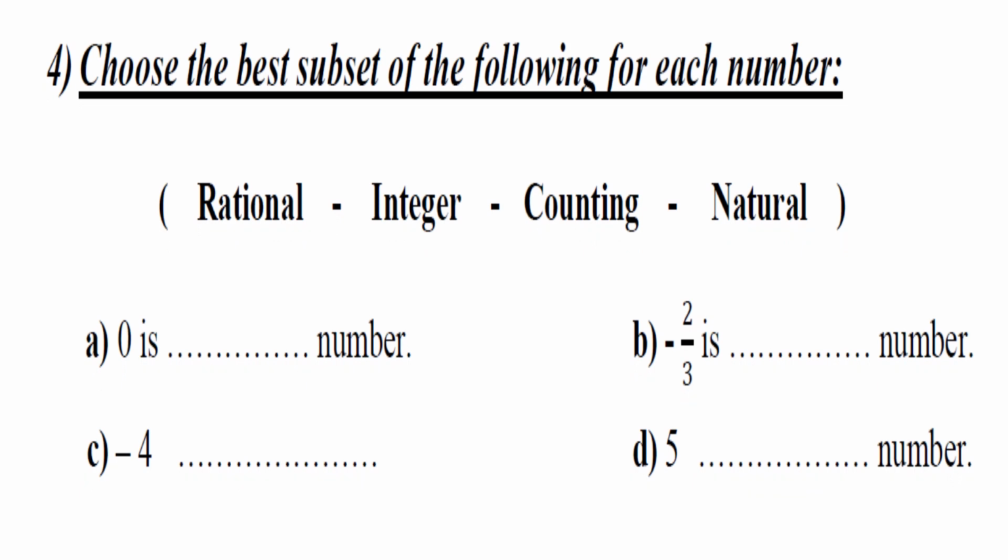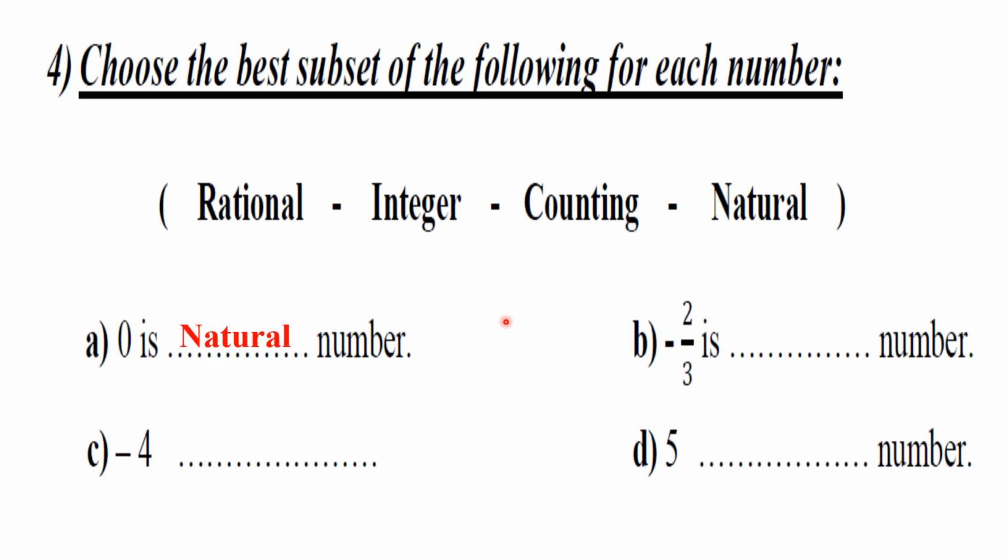Exercise 4. Choose the best subset of the following for each number. Again, we have rational, integer, counting, and natural. Letter A, 0: the first set where we see 0 is the set of natural numbers.